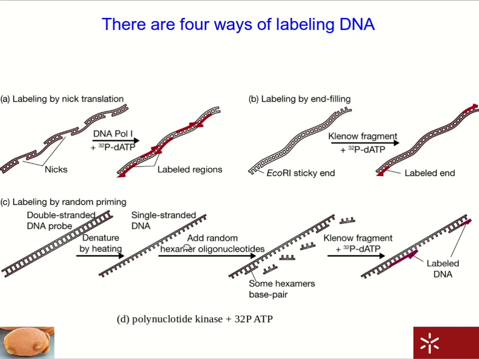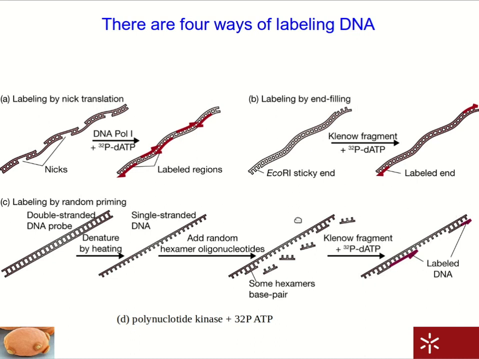Or alternatively, the original probe DNA is denatured and random hexanucleotides are not ligated but annealed to the DNA sequence, and radioactive pieces of DNA are filled in by the DNA polymerase.